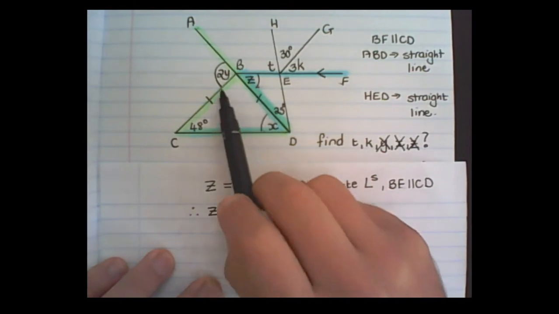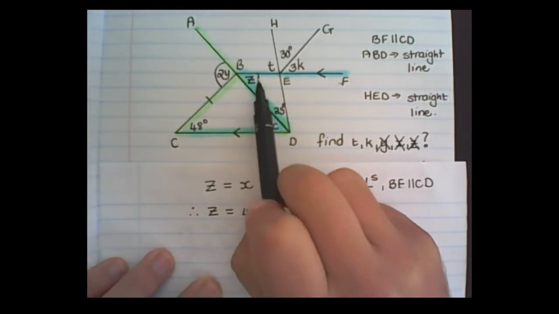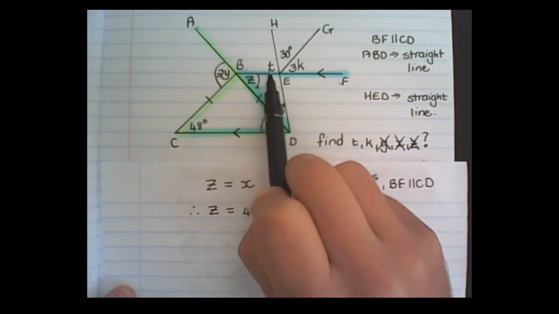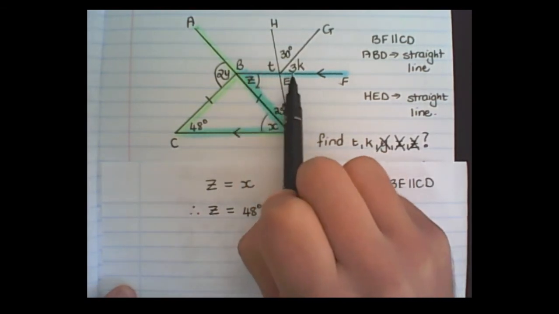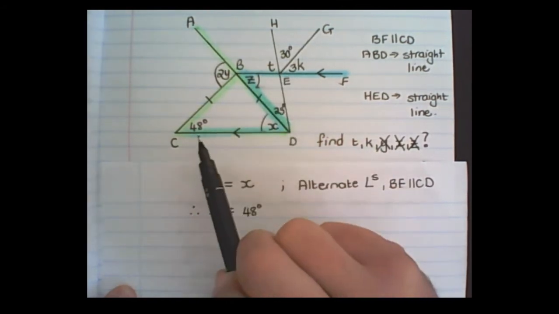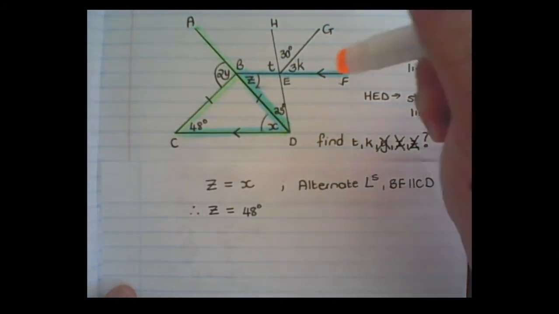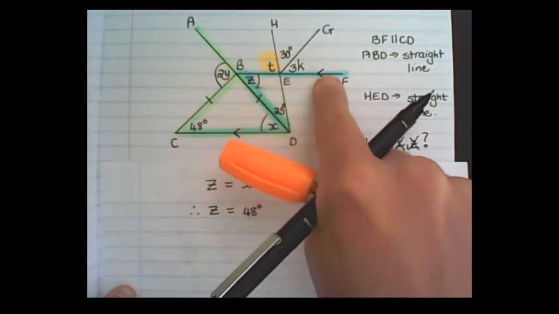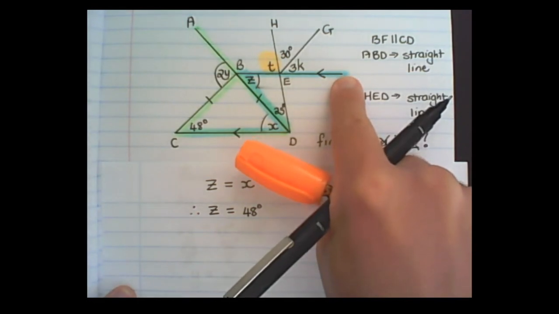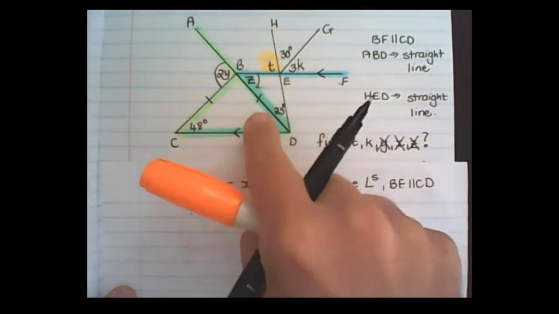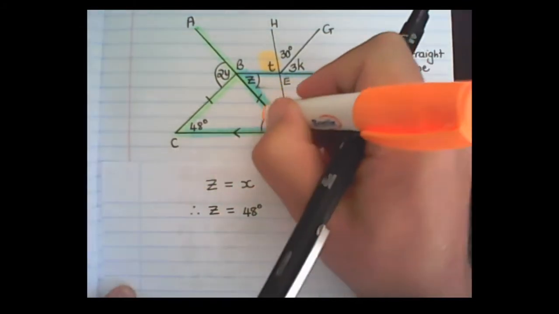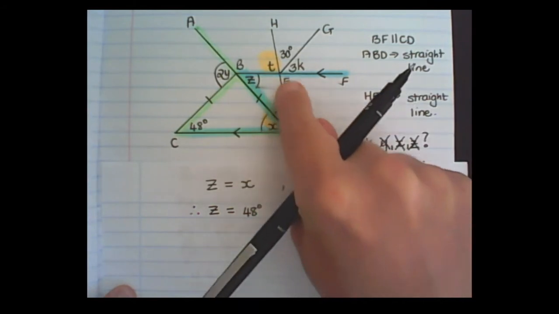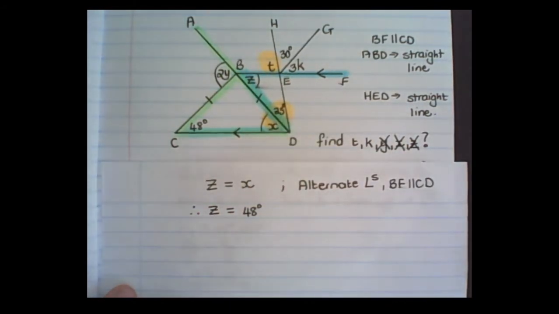Moving on with the sketch, I'm done with 2y, I'm done with x, I'm done with z, and the next letter that I see is t and 3k. T and 3k are on a straight line, but I don't have one of the values. If I look at t, we can see that t is also connected to a parallel line. And if I find the other parallel line, it's CD. The angle x and 25 together is corresponding to t. So I can find t.